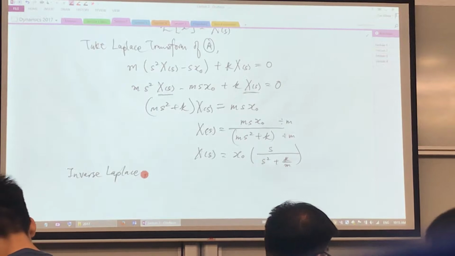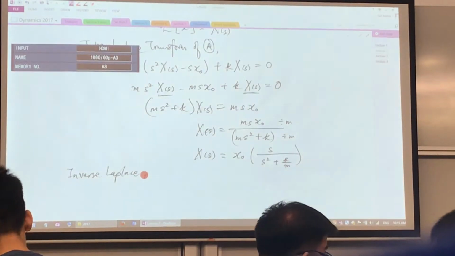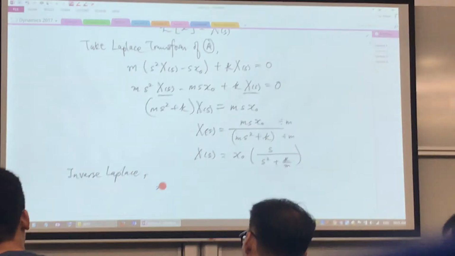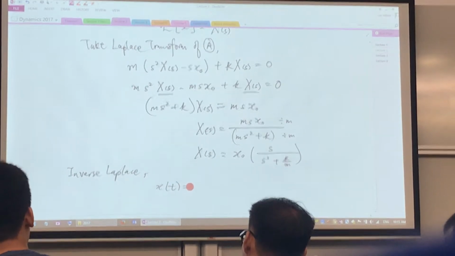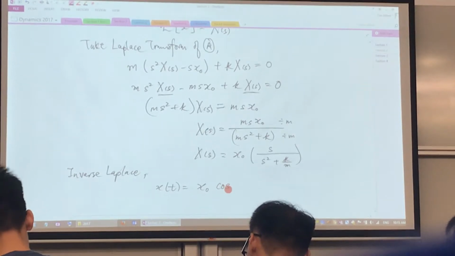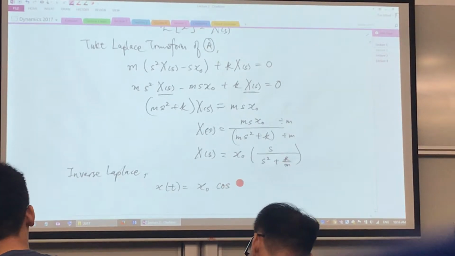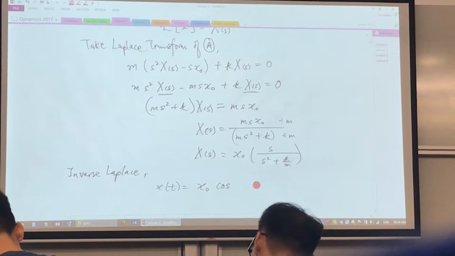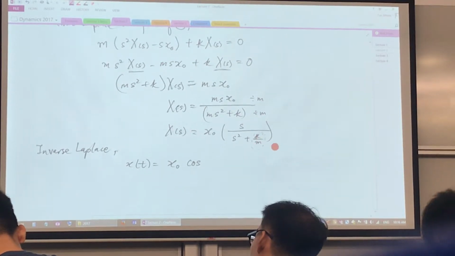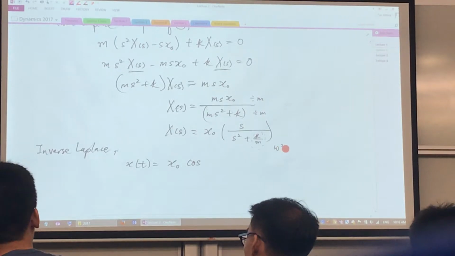So after the inverse Laplace, then you get x(t) equal to x naught, and then that's your cosine of omega t, because this whole thing over here is omega squared.